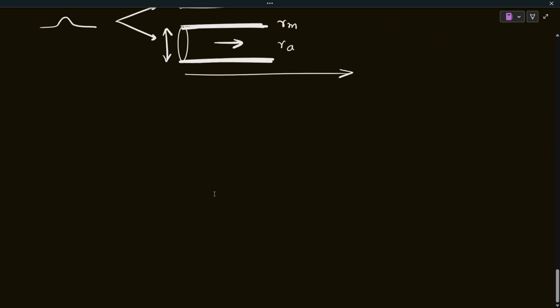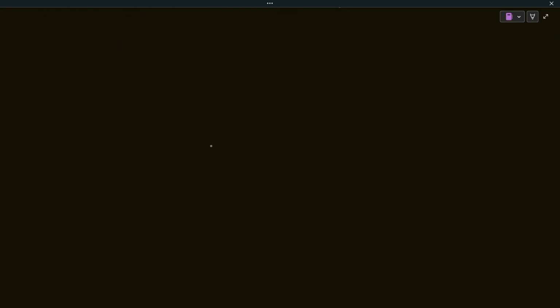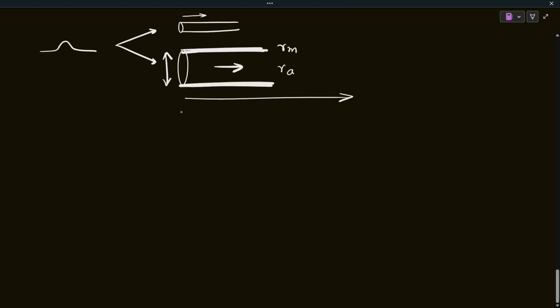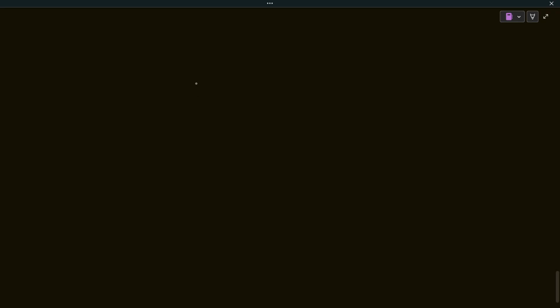Okay, so now let's discuss how myelination helps in the faster conduction of the propagation of action potential. Let me draw an axon here. This is an axon, and this membrane is going to offer the membrane resistance, and this is going to offer the axoplasmic resistance.